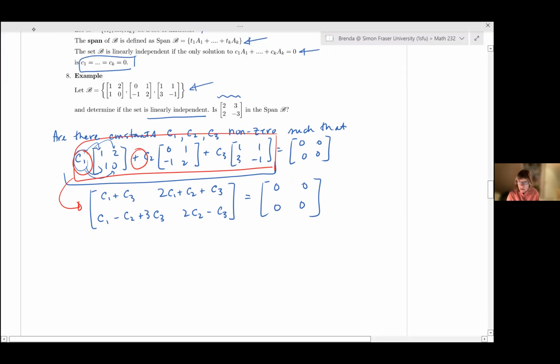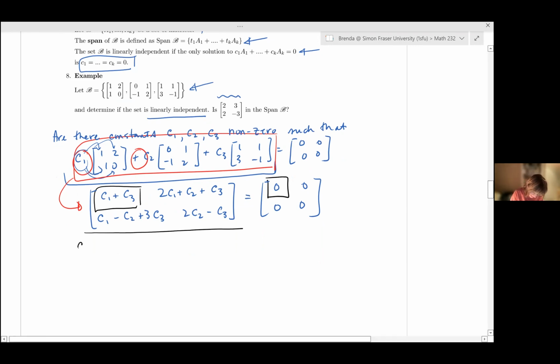We've got 4 equations and unknowns. For two matrices to be equal, all of their entries have to be equal. So for the matrix on the left to be the 0 matrix, each one of its entries has to be 0.